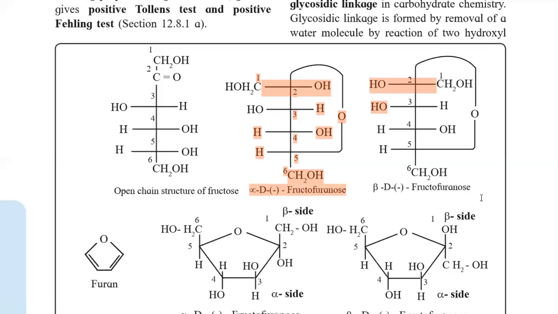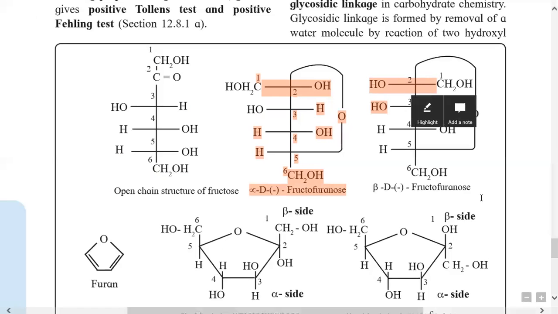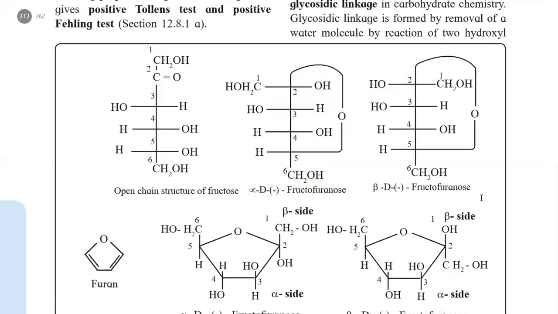These anomers differ from each other only by the position of the OH group at the second carbon, in one structure to the right side and in the other to the left side. That is the only difference, and these structures are called anomers. See, carbon number 1 CH2OH remains as it is.